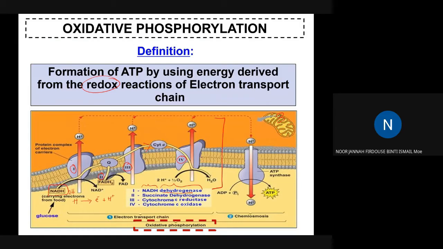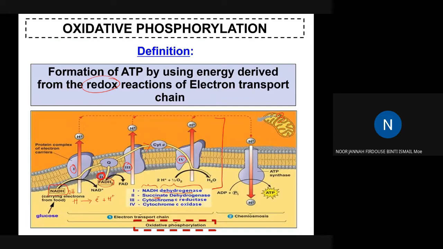Okay, look at the succinate dehydrogenase. Complex number 2 here removes hydrogen from succinate. But what does FADH2 do? You have to look back at the Krebs cycle.